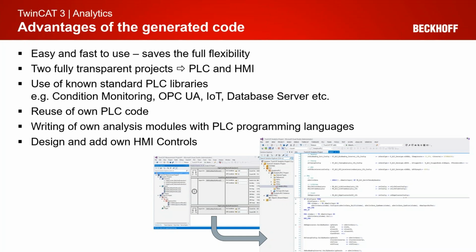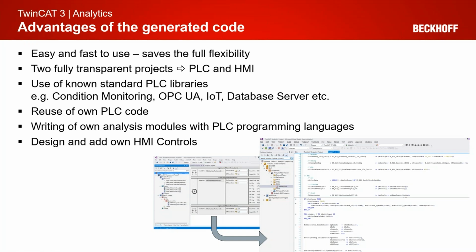And then we come directly to some advantages of this code generation and HMI generation that I would like to present to you again. The most important point is that it is easy and fast to use, right? Just some clicks in the configuration here, and then you are able to make your own dashboards and long-time monitoring applications.